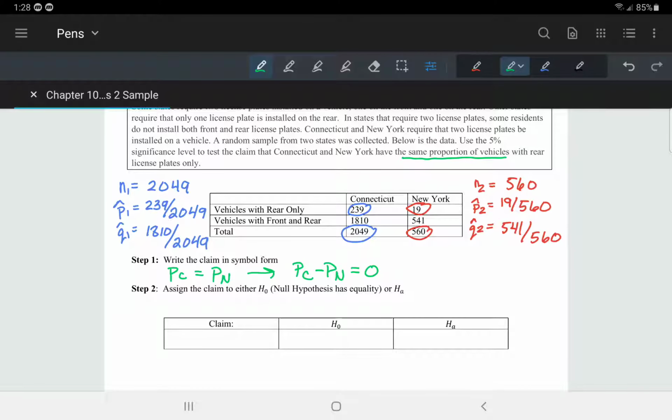Now this claim contains equality. So when it contains equality, the claim is the null hypothesis. Then the alternative hypothesis will take the opposing view that the proportion of Connecticut minus the proportion of New York does not equal 0.